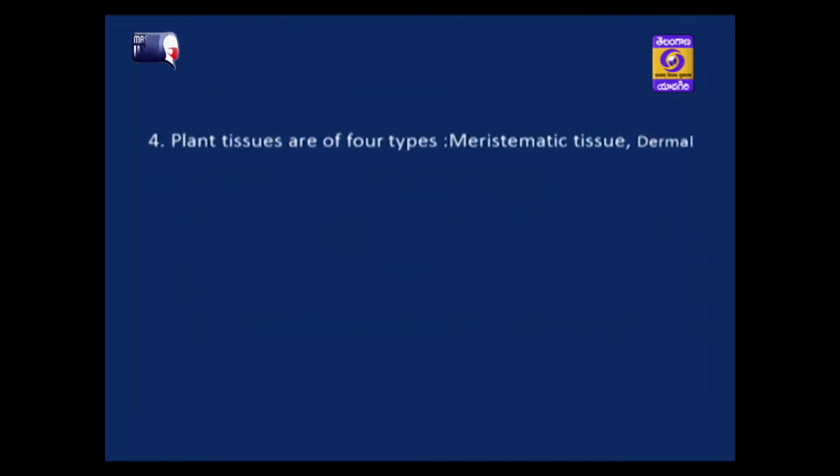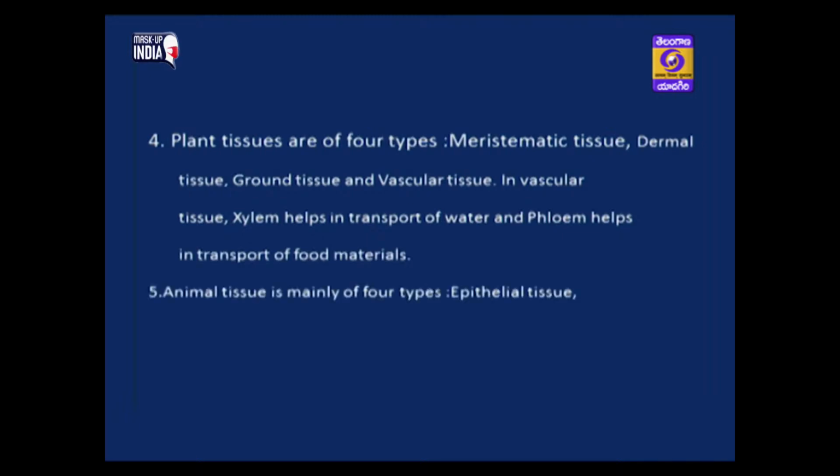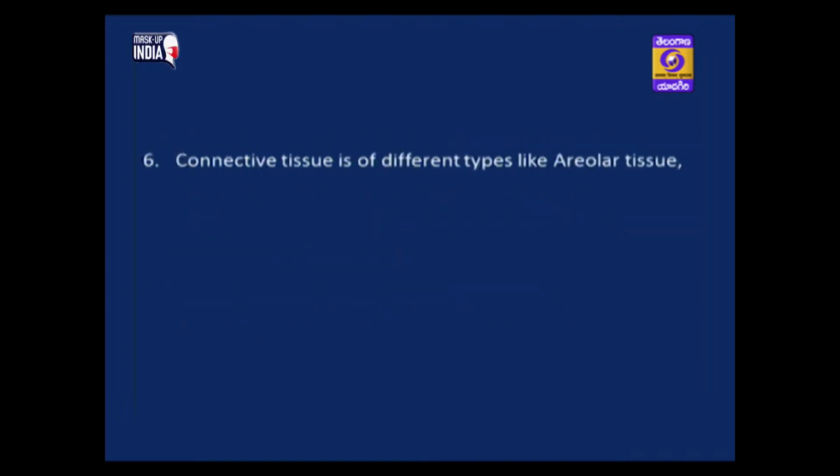Plant tissues are of four types: meristematic tissue, dermal tissue, ground tissue and vascular tissue. In vascular tissue, xylem helps in transport of water and phloem helps in transport of food material. Animal tissue is mainly of four types: epithelial tissue, connective tissue, muscle tissue and nervous tissue.